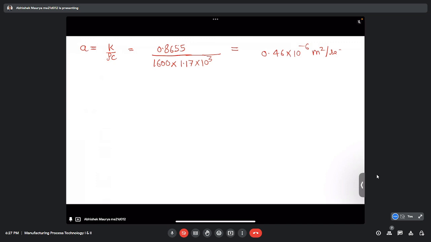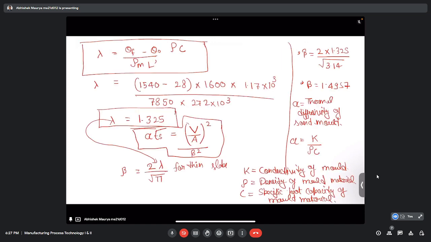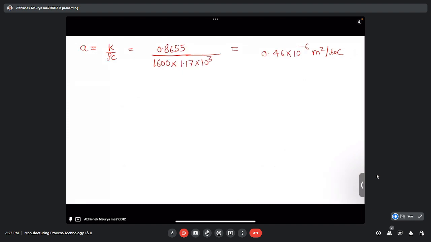Okay, now if you see the earlier equation, alpha times solidification time is equal to V by A whole square divided by beta square. By this relation, we will calculate the solidification time of our slab material. Now we will substitute the values of all the known things.